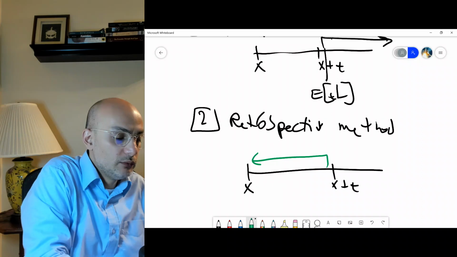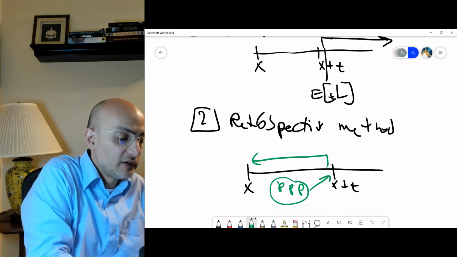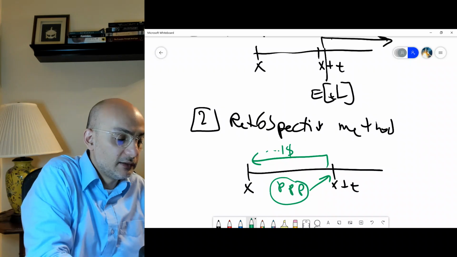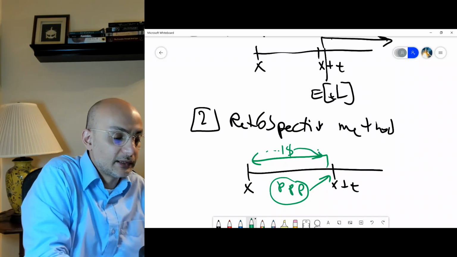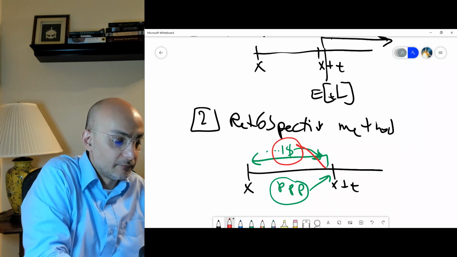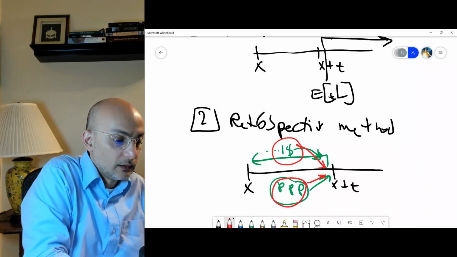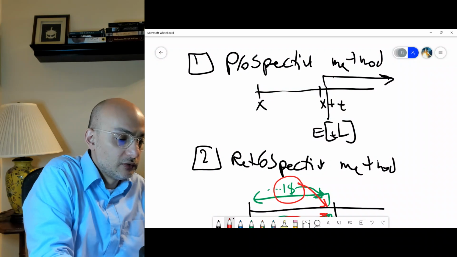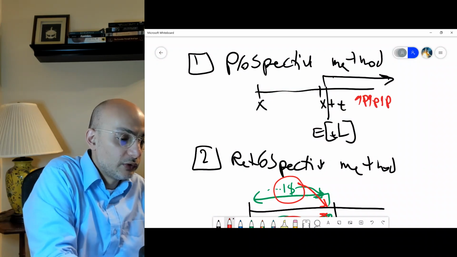You say, well, we received P's, then you bring the P's here, and whatever benefit we paid here, you bring them back here. And now you accumulate them. These guys, you accumulate them. Here, what you get, the P's you get, and the benefit B_T you pay.